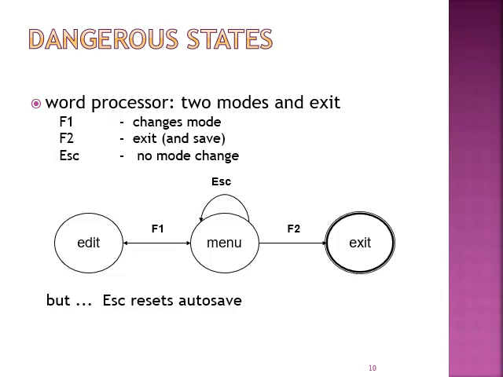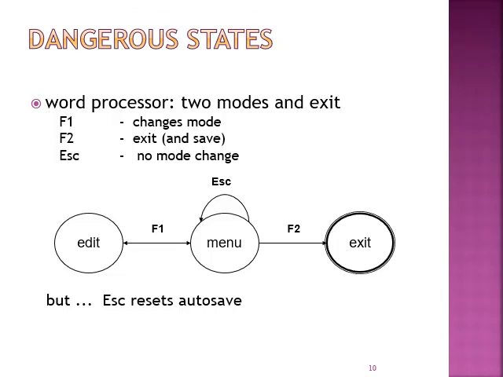An example of dangerous states: one of the word processors being used to prepare this document exhibits dangerous states. It has two main modes: the main mode where you edit the text, and a menu and help screen from where you perform filing operations.